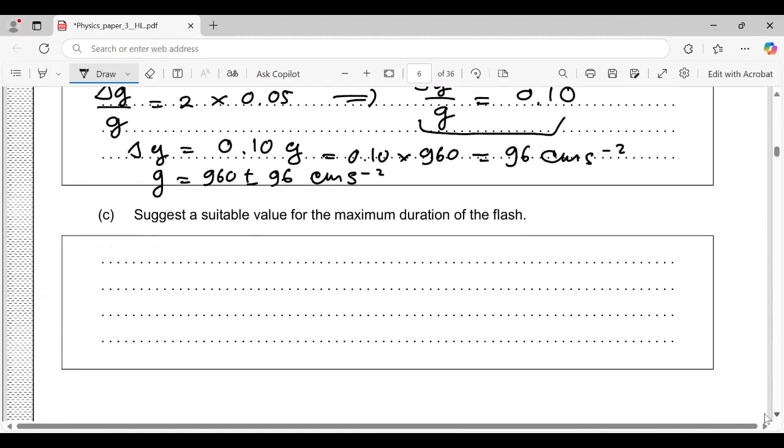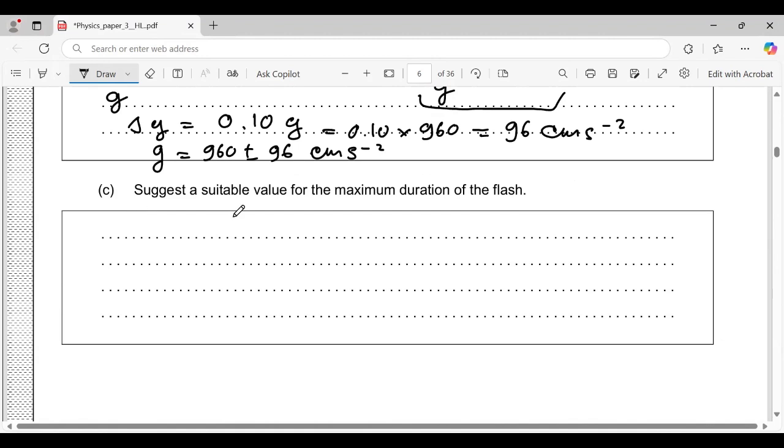Next question. Suggest a suitable value for the maximum duration of the flash. We want the ball to travel a distance no greater than the uncertainty in position during the flash. So we can determine the maximum flash duration through the formula delta s equals v times delta t maximum.